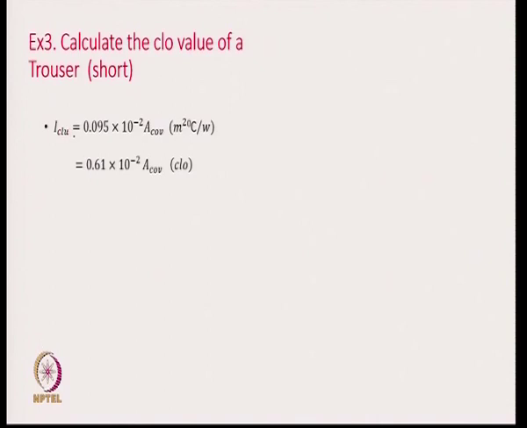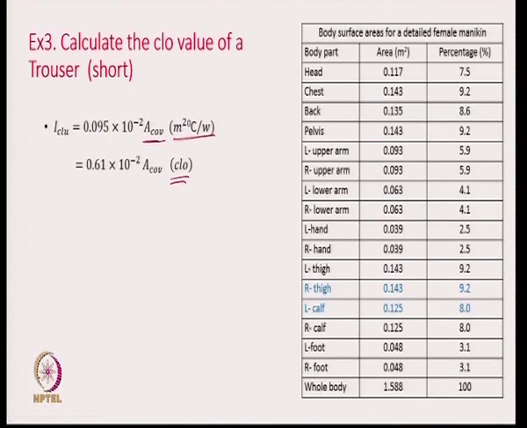I_clo is 0.095 times 10 to the power minus 2 times A_cover, that is the percentage of body area which is covered, in terms of meter square degree centigrade per watt. Or in terms of clo, what we have to do is divide 0.095 by 0.155. We get the value in clo. So, this is the formula given, an empirical equation, we can make use of it to find out the clo value of a short trouser.